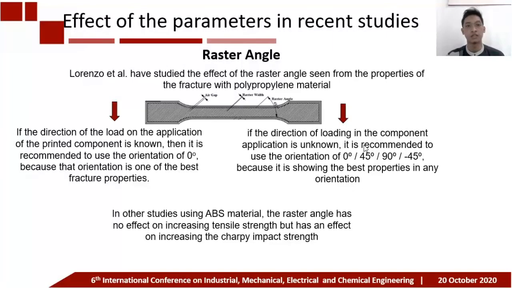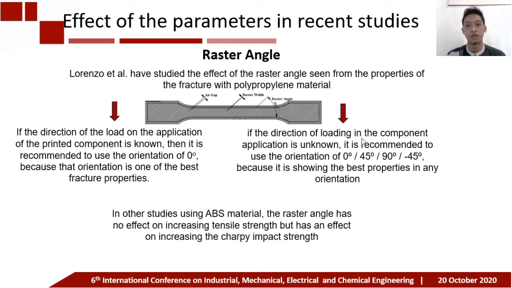And then raster angle. Lorenzo et al. have studied the effect of the raster angle seen from the fracture properties with polypropylene material. This is the illustration of the raster angle. If the direction of the load on the application of the printed component is known, then it is recommended to use the orientation of 0 degrees because it shows one of the best fracture properties.